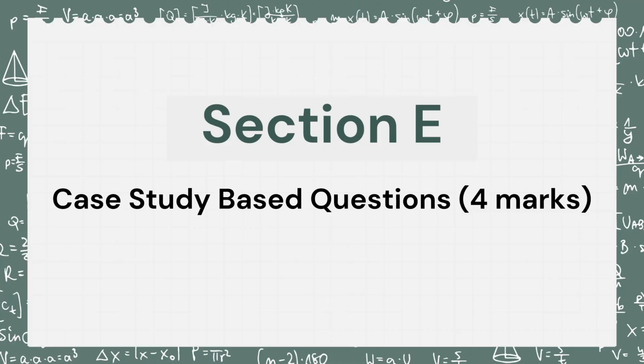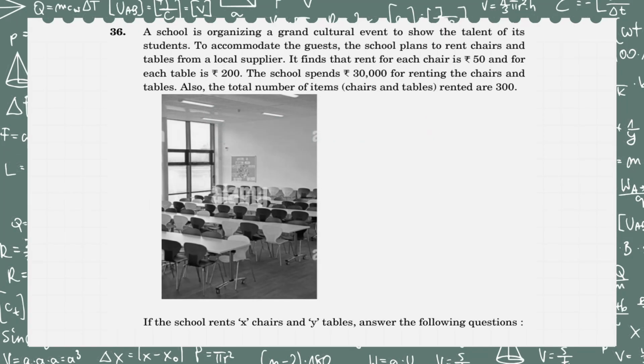Let us solve section E, case study based questions carrying 4 marks each. Sum number 36. A school is organizing a grand cultural event to show the talent of its students. To accommodate the guests, the school plans to rent chairs and tables from a local supplier.